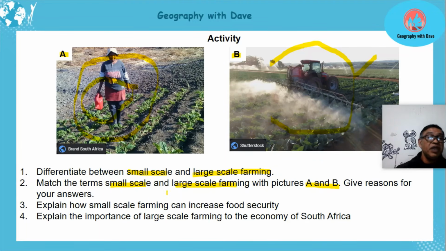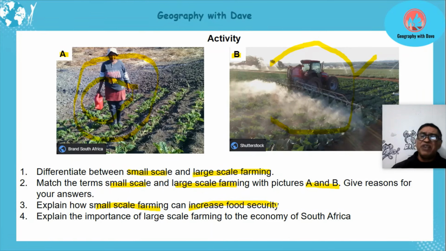Explain how small scale farming can increase food security. And again, can you see what we're doing here, learners? All the answers are basically in your notes. There will be some higher order questions where you think slightly out of the box, but you'll make reference to your notes to get those answers. It's understanding of the notes.